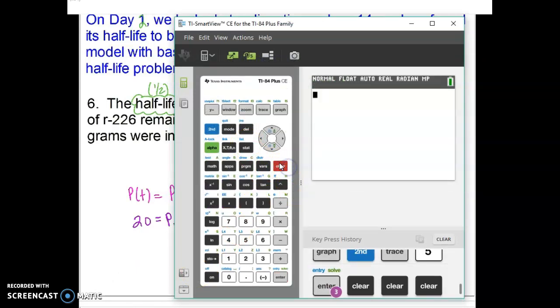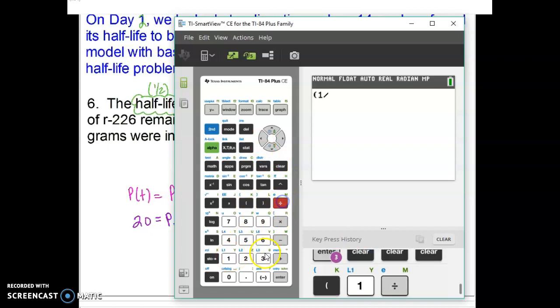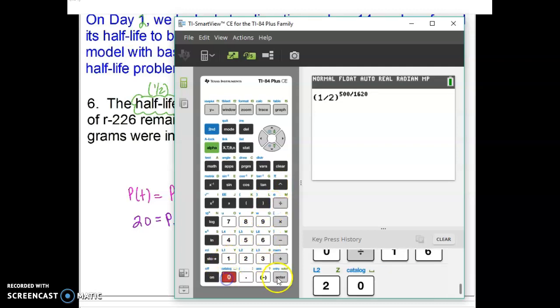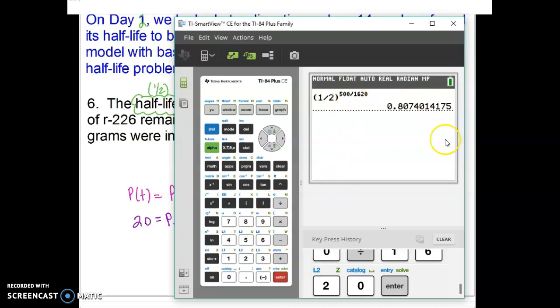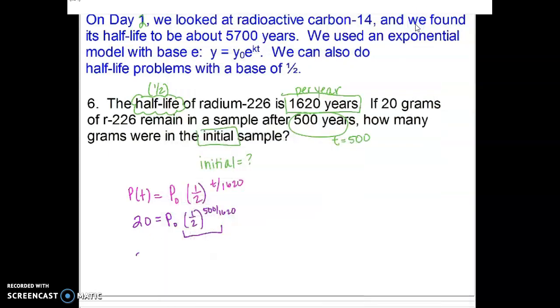So on the basic calculator, I'm going to type in 1/2 to the power of 500 over 1620. And that's going to give us 0.807. So if we go back to here, we have 20 equals P naught times 0.807.